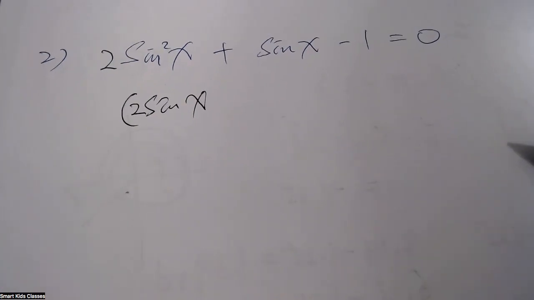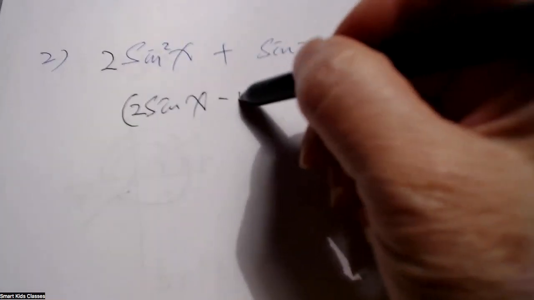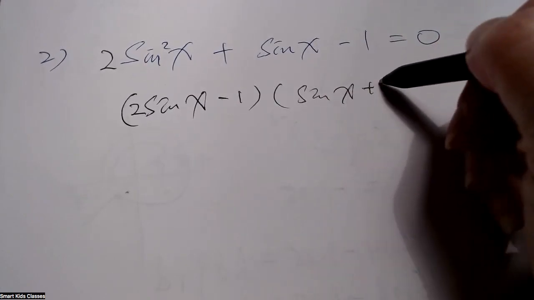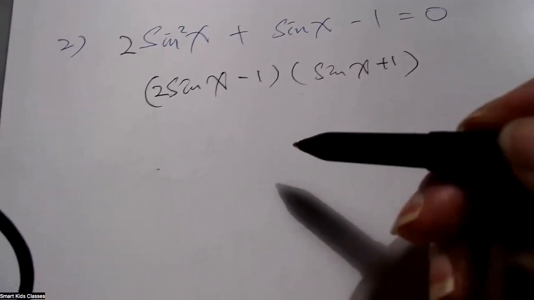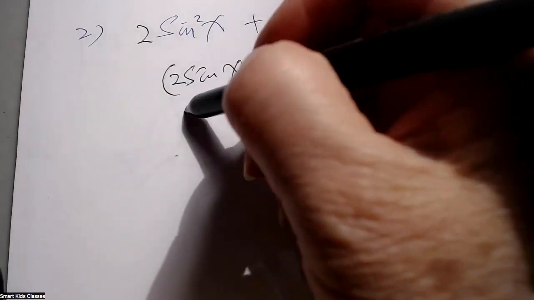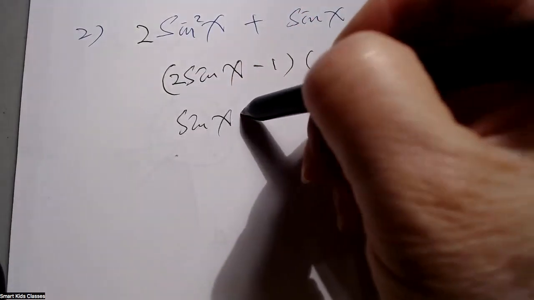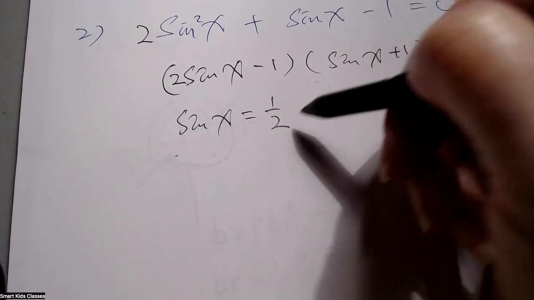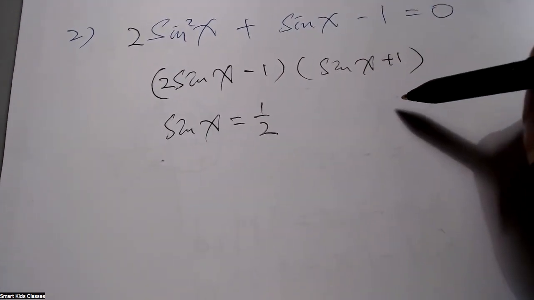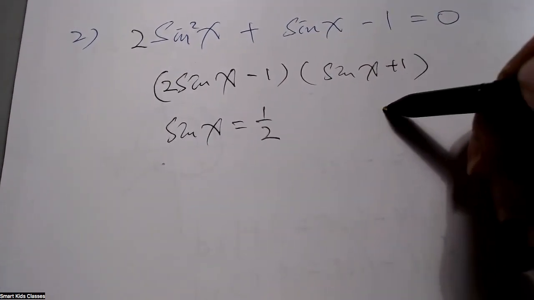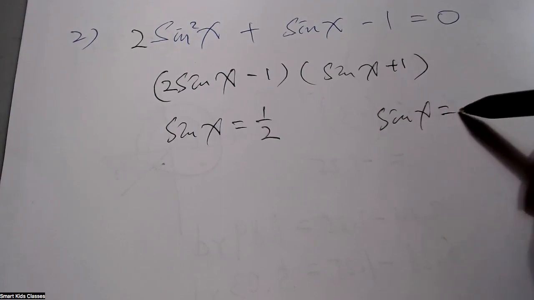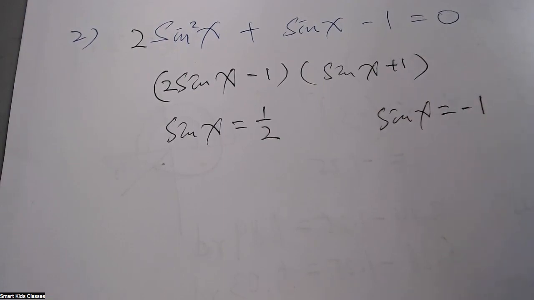So we have (2 sine x minus 1) times (sine x plus 1). So we solve the first interval: sine x is equal to 1/2. The second interval is going to be sine x equal to negative 1.